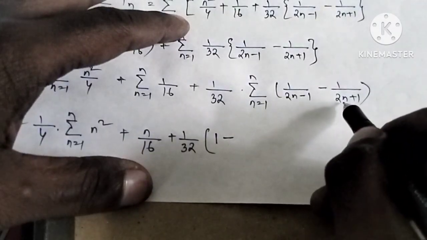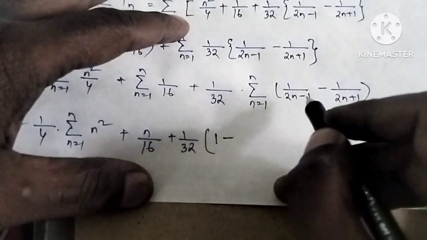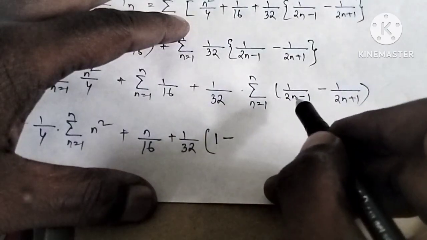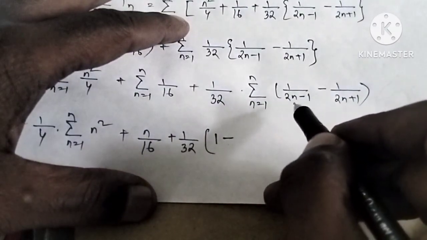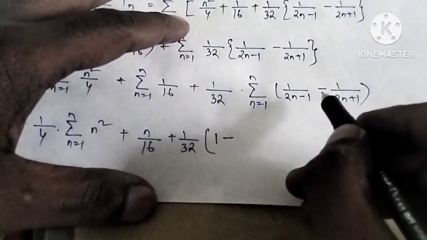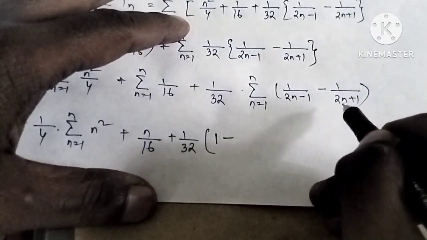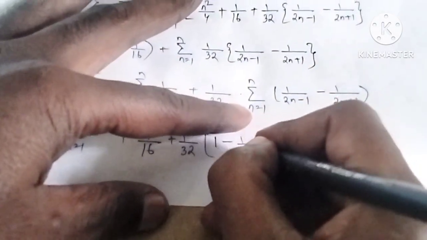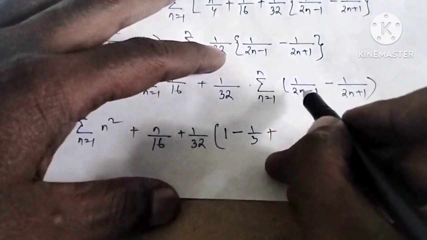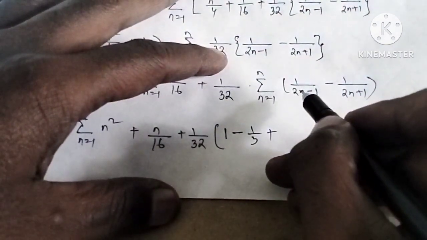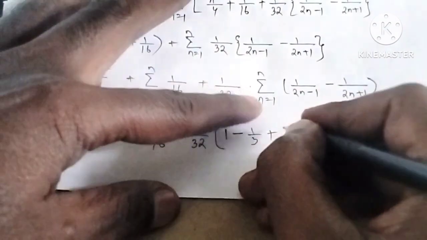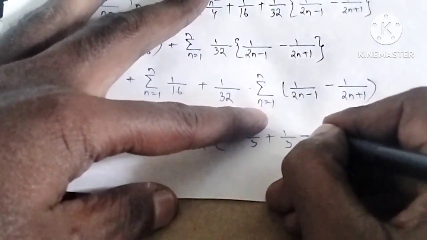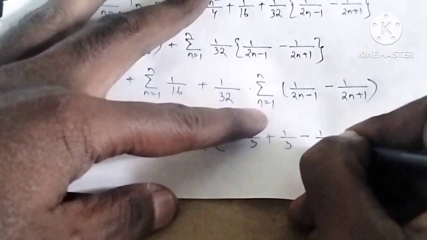Oh, sorry, 2 into 1, if we put 1 in place of n, this first term will be 1 by 1, and this second term will be 2 into 1 plus 1, that means 1 by 3. Then if we put 2 in place of n, 1 by 2 into 2 minus 1, 1 by 3, minus 1 by 5.